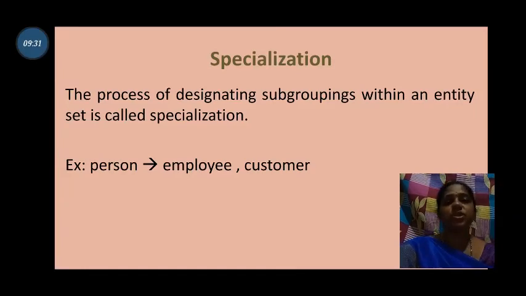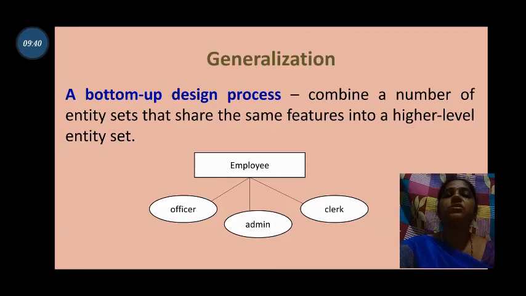Example, a person can be specialized as employee and customer. And generalization is a bottom-up design process which combines a number of entity sets that share the same features into a higher level entity set. Here, employee may be referred to as officer or admin or clerk.